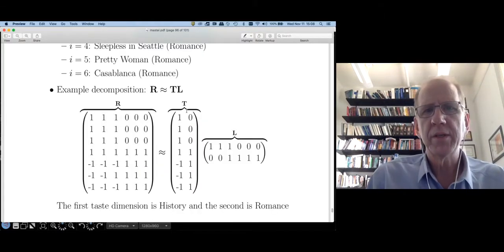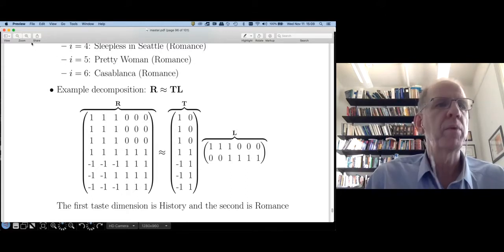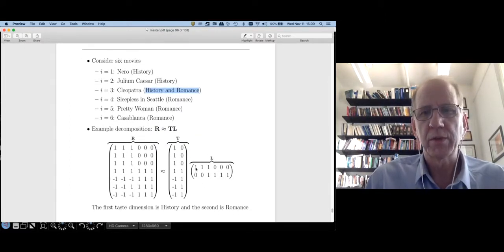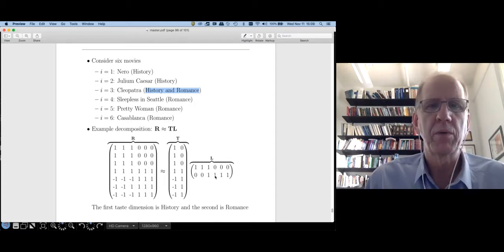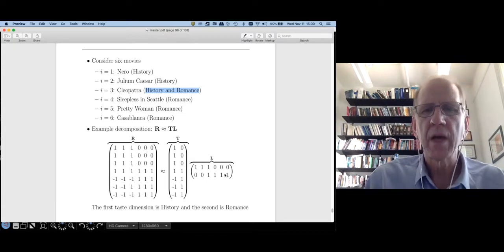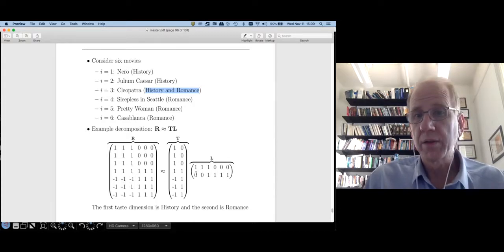Let's say here is the taste matrix and the loading matrix. What I'd like to point out here is, okay, Nero is just about history, so history is a 1. It's not about romance. There's no romance in Nero. Whereas we can see Cleopatra has both, while Sleepless in Seattle is not at all about history, but it is about romance. Likewise with Pretty Woman and Casablanca. So here we have our loading matrix, which is describing these items on the latent factors.